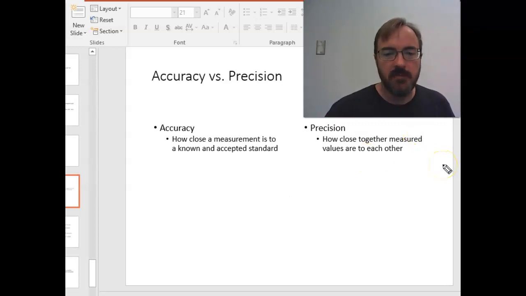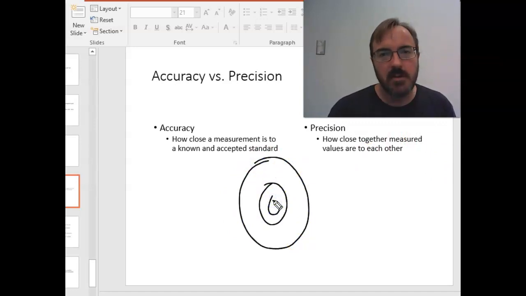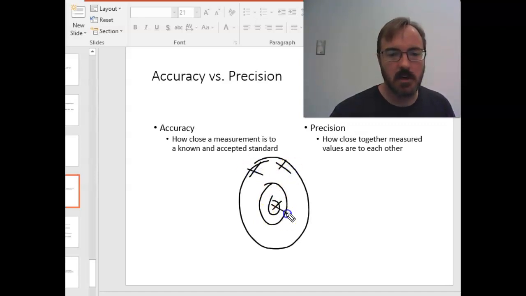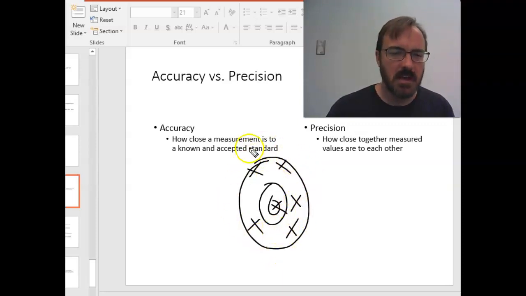All right. If I have my bullseye or my target here, and I got values that were just kind of all over the place, then I could say, well, I kind of have an accurate thing on average, right? And this is kind of a difficult position to be in.